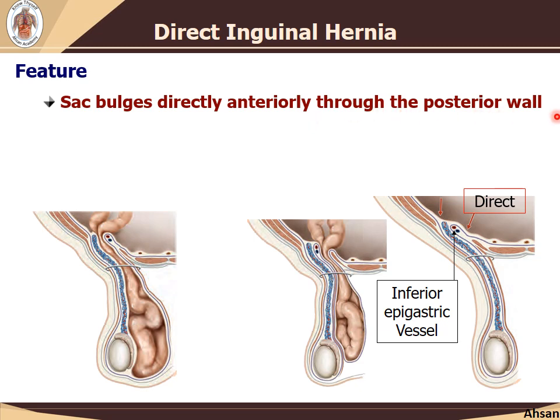So the feature is that the sac bulges directly anteriorly through the posterior wall. Direct is named because it is passing directly into the canal, not passing through the deep inguinal ring.